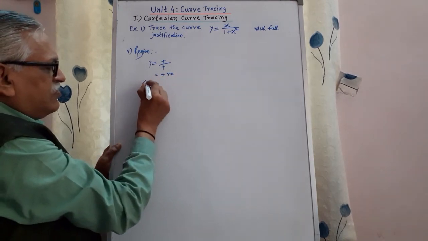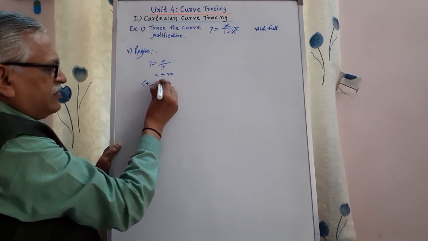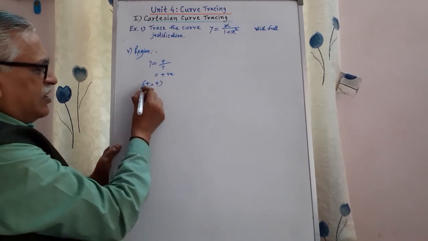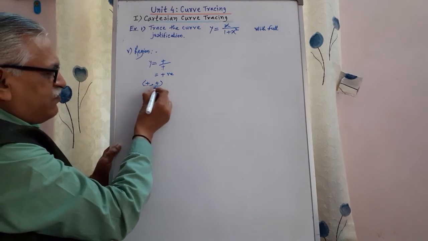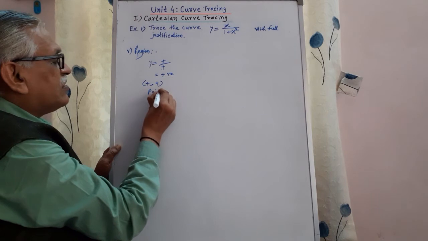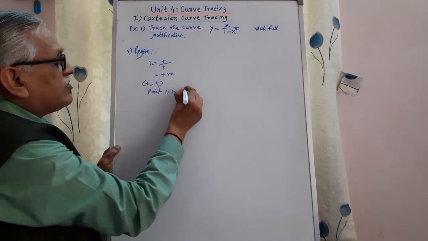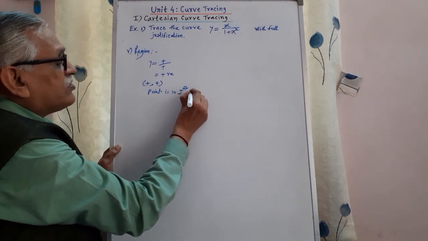Means when x is positive, we get y is also positive. When both x and y are positive, means point is in first quadrant.